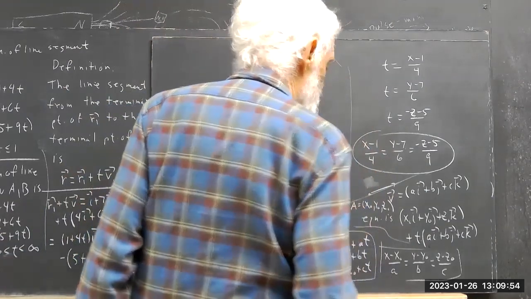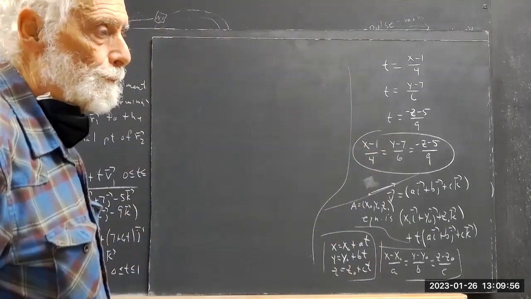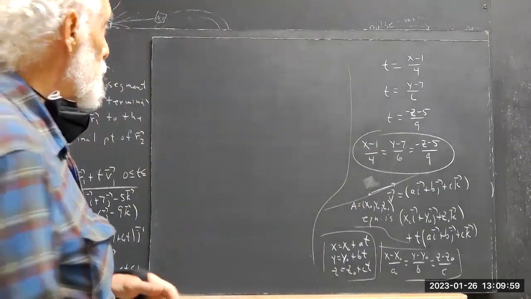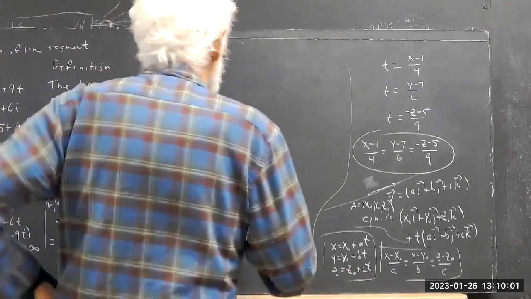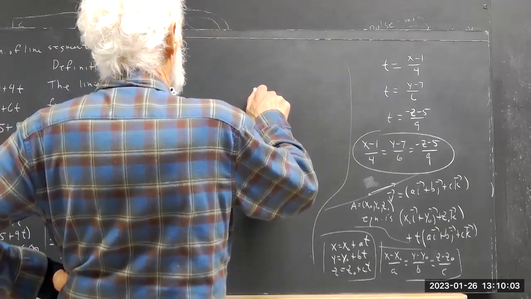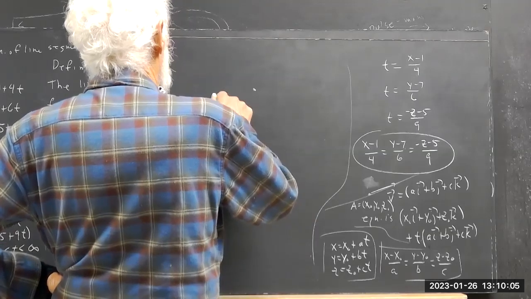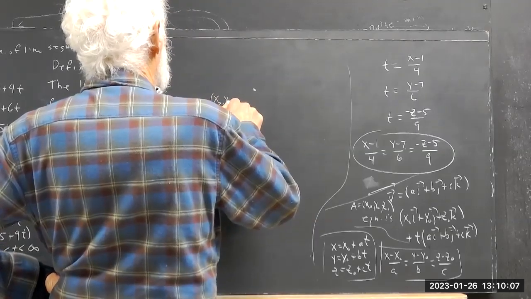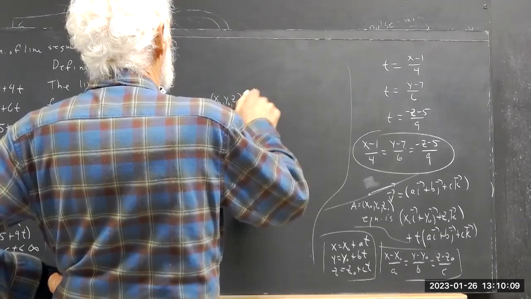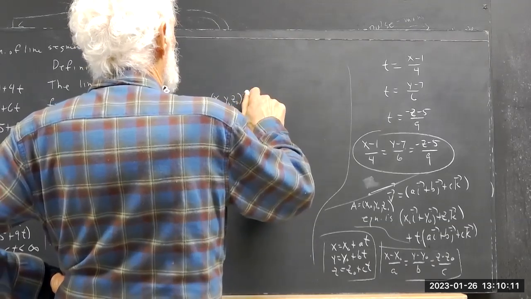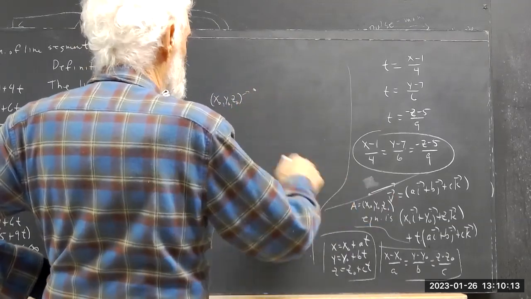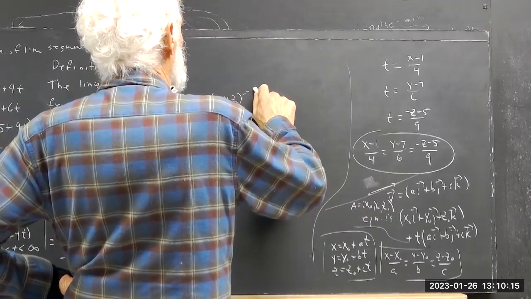Now, we define a plane. We have a point X naught, Y naught, Z naught, and I'm going to call it A. And we have a vector again.